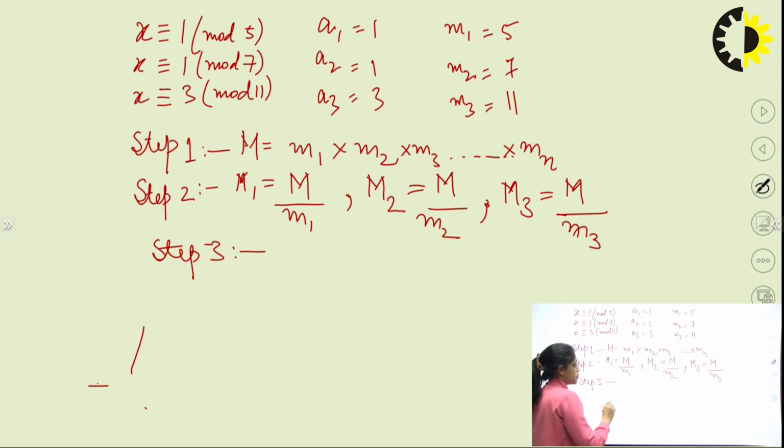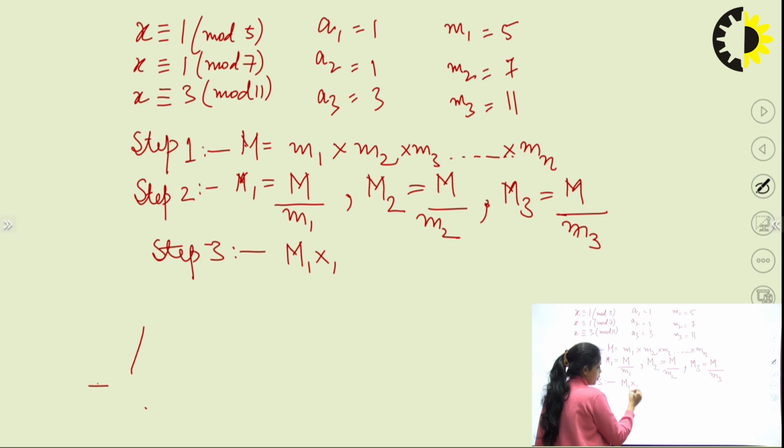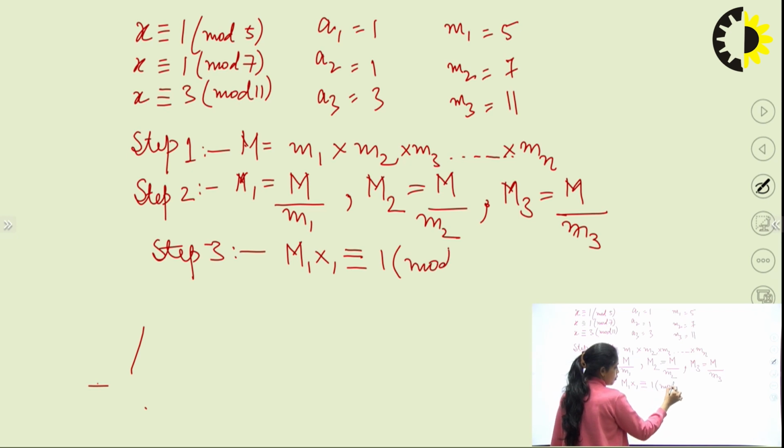Step 3 says that for each capital M you need to find a respective value of x such that M1 times x1 is congruent to 1 mod m1.